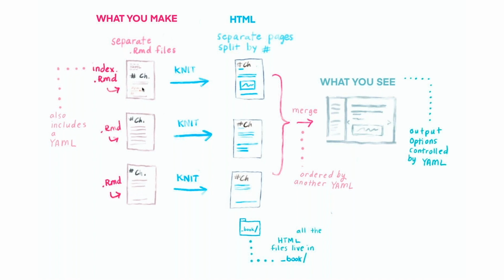What Bookdown does when you have new_session: true used in the Bookdown YAML is that it knits each of these R Markdown files into a page. So each of those is now independent, but how do we get to the point where we're seeing them all together? Bookdown merges them and gives us the nice interactive online navigable book that we see when we build the book.